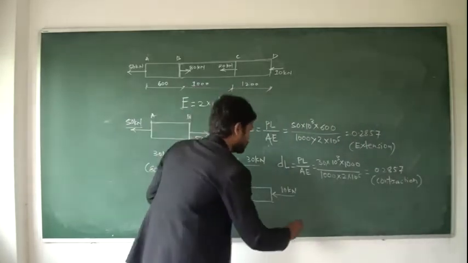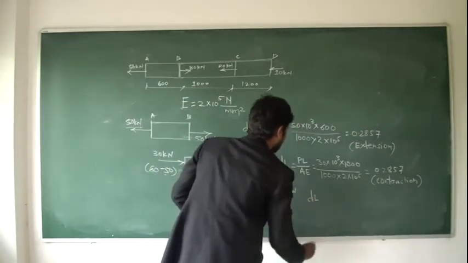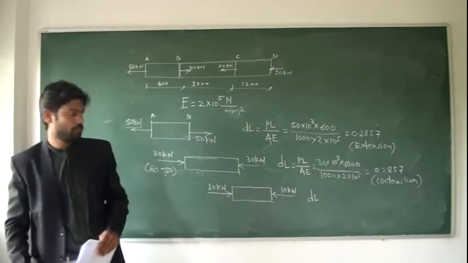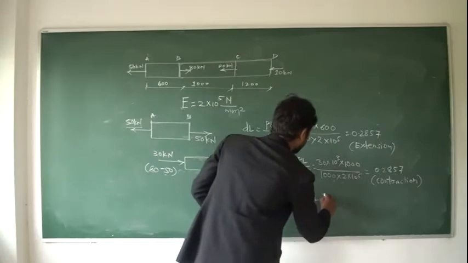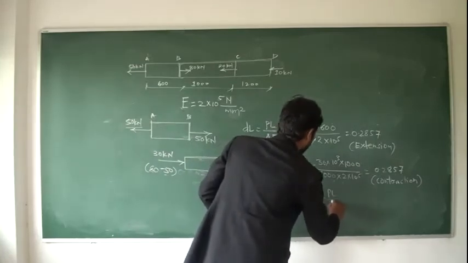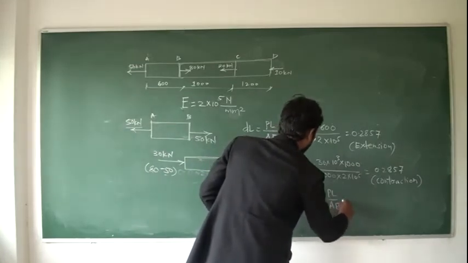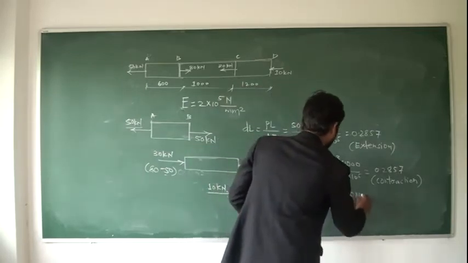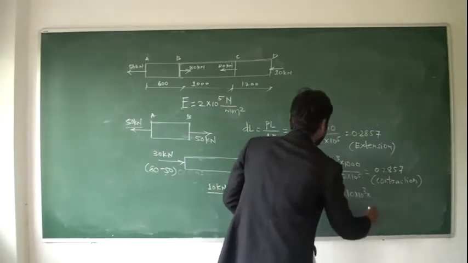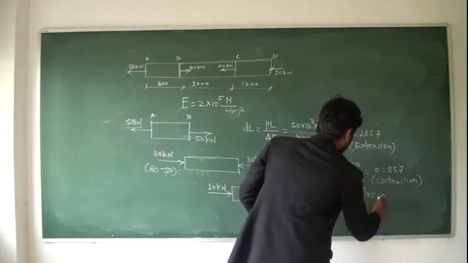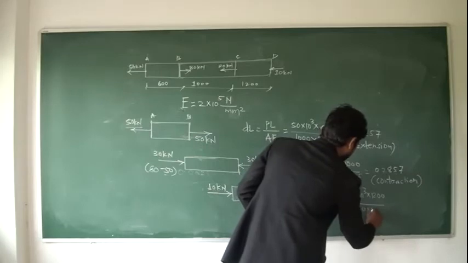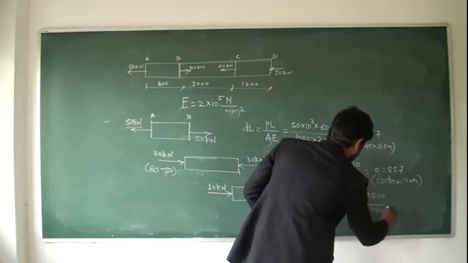Now the last one. dl is equal to again PL by E. P is 10 into 10 raised to 3, into length 1200, divided by 1000 into 2 into 10 raised to 5.